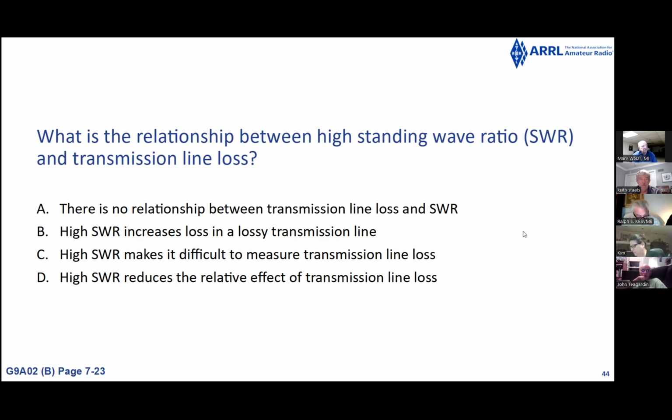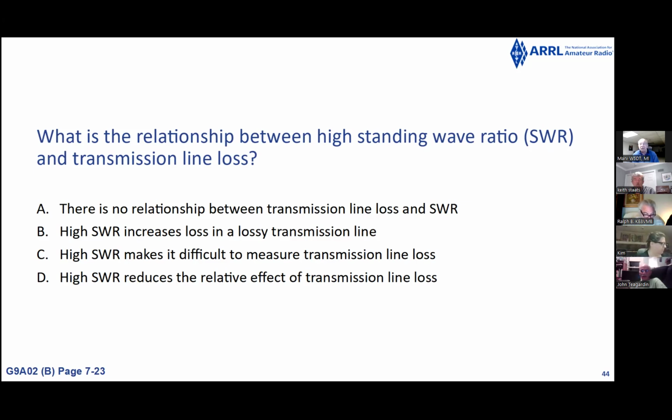One thing I should also mention, another reason why you want to get your SWR down, it's hard on a radio. You can blow out finals. Yep, it's hard on the finals.